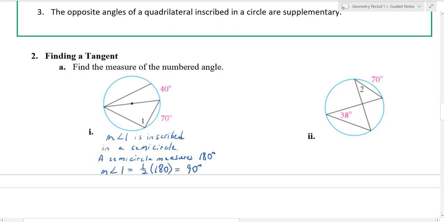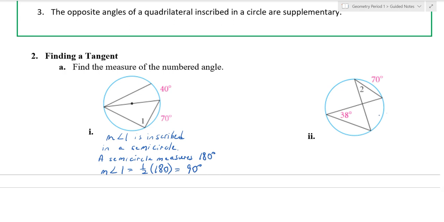But then again, we look across this arc and we have this 38-degree angle over here that is also inscribed, and that means that this 38-degree angle and angle number 2 intersect the same arc, which means by the corollary that both are congruent.